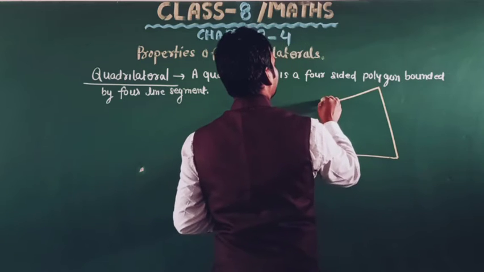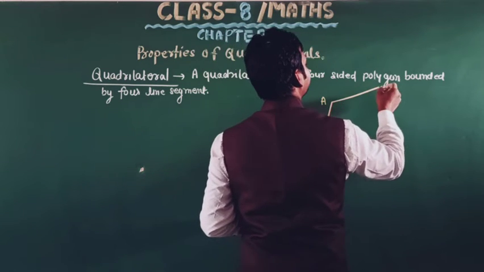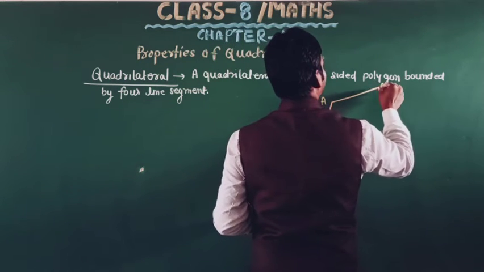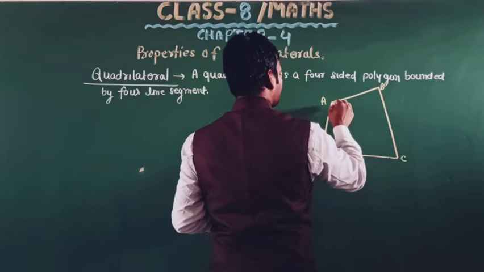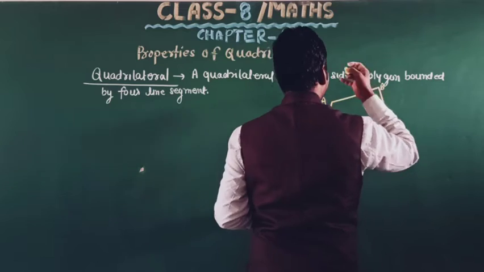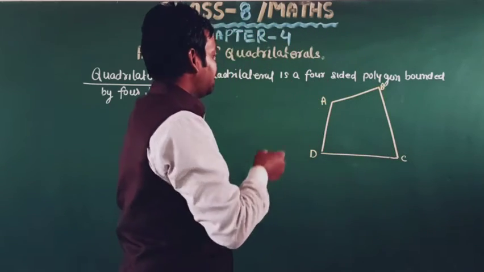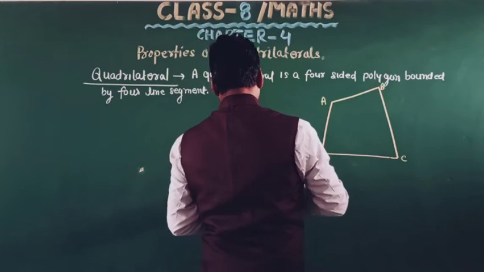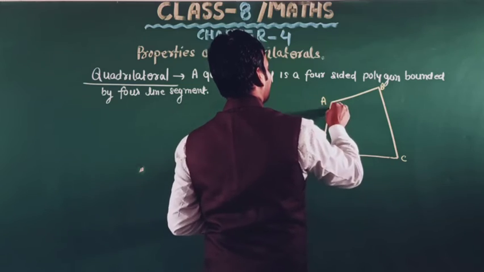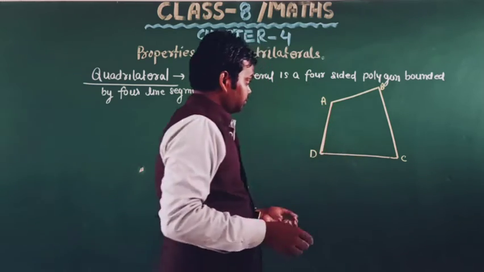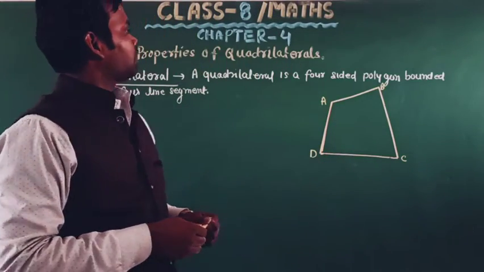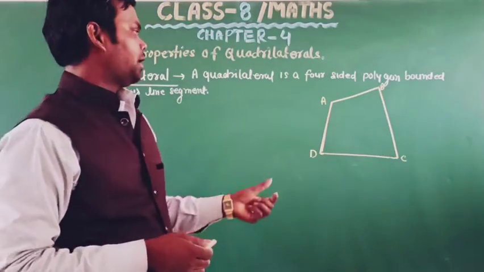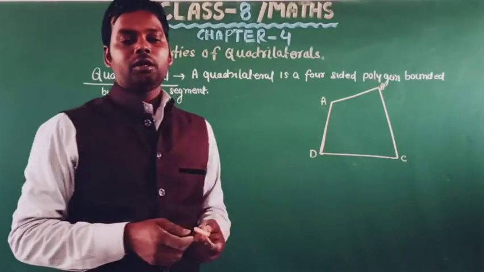Suppose this is A, B, C, D. So here AB, BC, CD and DA are the sides of the quadrilateral. So this is a polygon bounded by four line segments.